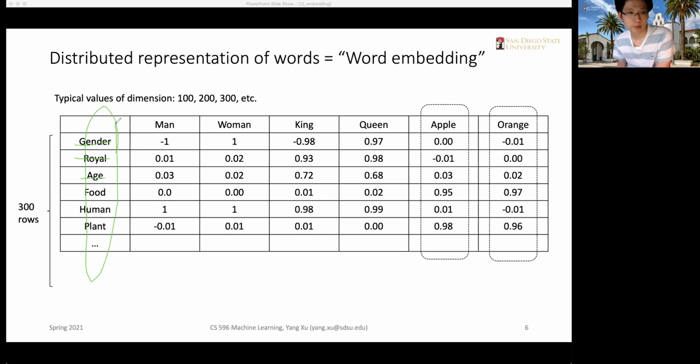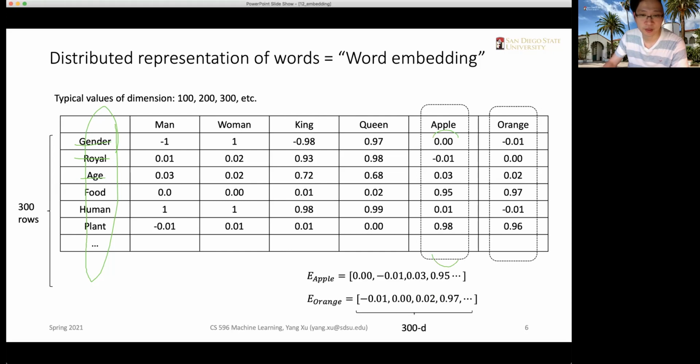The typical dimensions are 100, 200, or 300. And usually, the more we use, the more accurately we can describe the meanings of words. Now the embedding vector for each word is very long. It becomes a dense vector that has 300 dimensions.